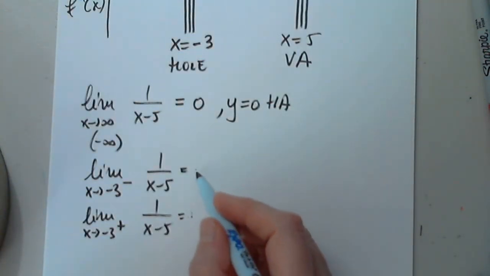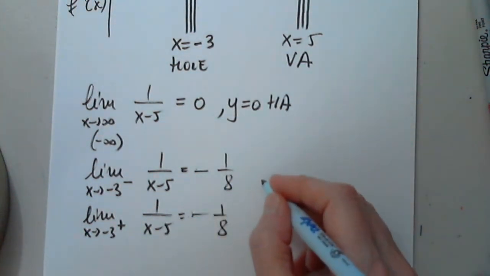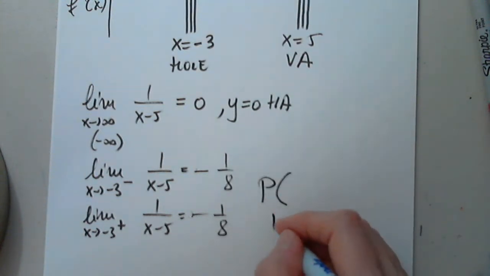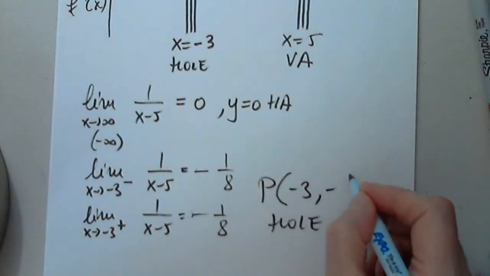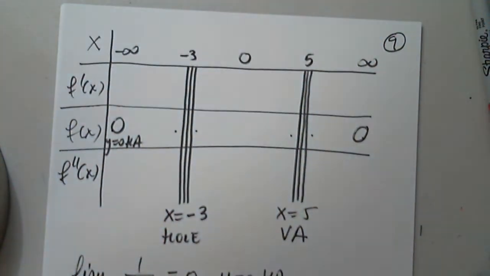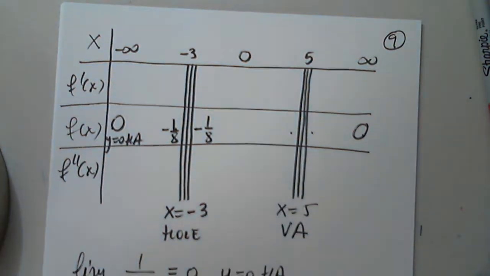Is it negative 1/8? Excellent. So the point that is a hole in the graph will be negative 3, comma negative 1/8. Perfect.